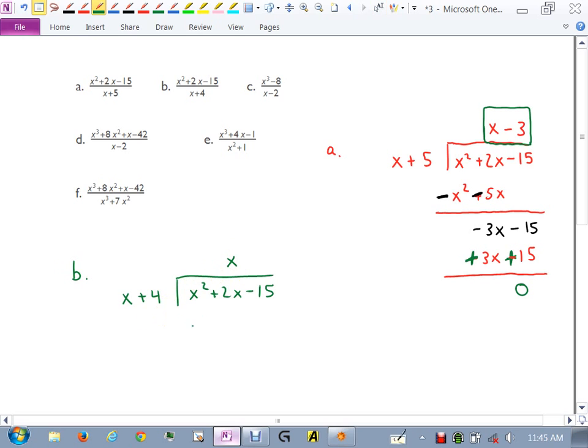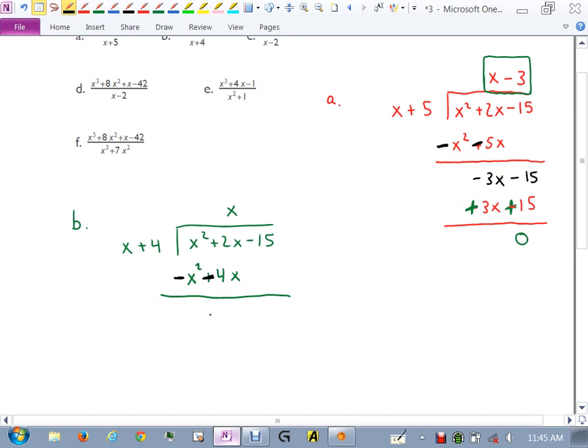That'll give you x squared plus 4x. Come through and subtract. So what's my next line under here going to be? Negative 2x minus 15. Then I have to multiply x by what to get negative 2x? Negative 2? Not x, just negative 2, right?